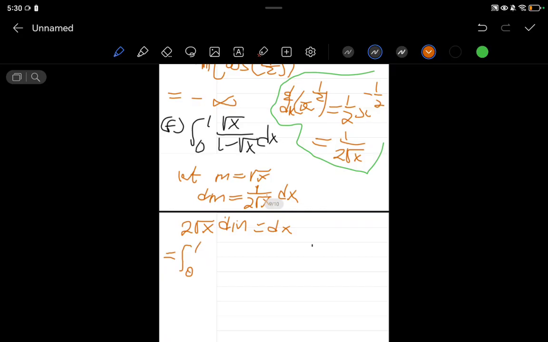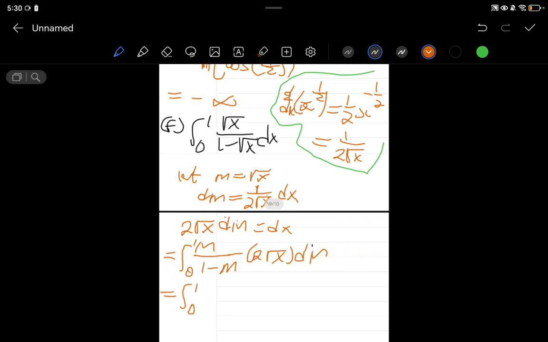So this would be m, this would be m over 1 minus m, and then we would have this. Here we would have dx is 2 root of x dm. Then this would be 0, 1.